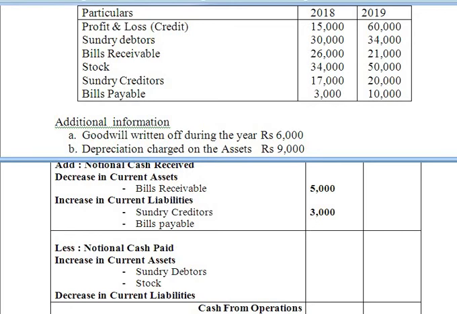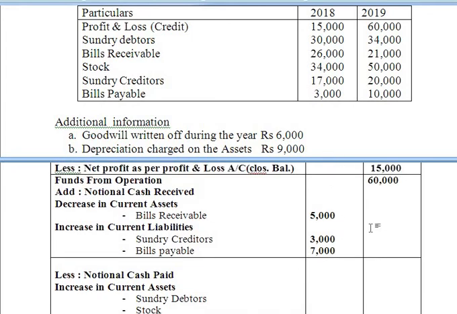From 3,000 it has become 10,000. So how much increase? 7,000. Now make the total of notional cash received and take it in the outer column. 5,000 plus 3,000 plus 7,000 is equal to 15,000.